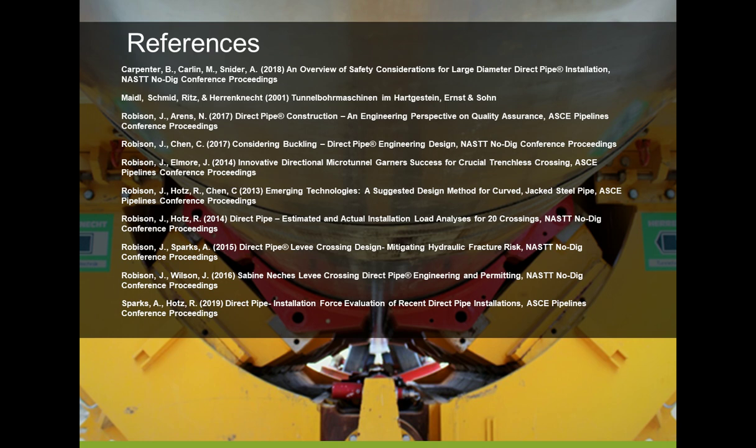And then it's like an HDD in the ability to string long sections of pipe behind the pipe thruster. So it is kind of a combination, but if you had to say what it's more like, you would probably say it's more like microtunneling than HDD.